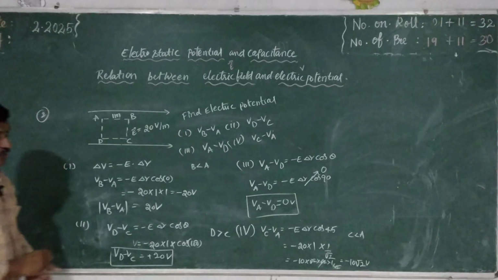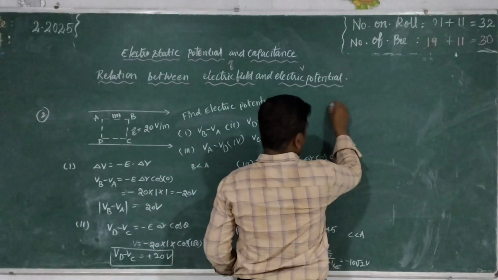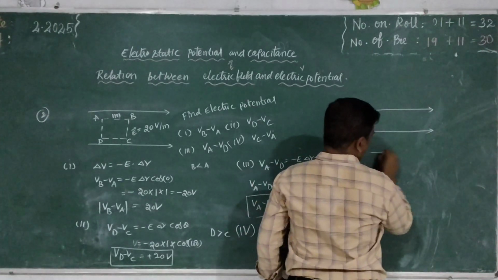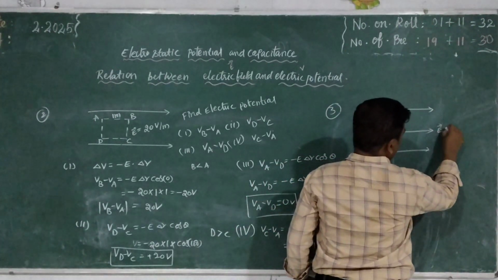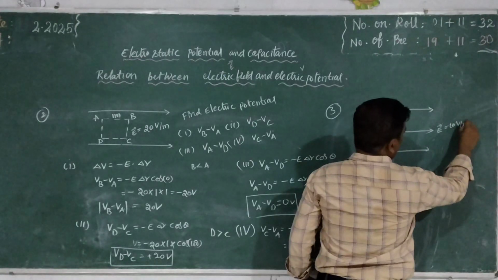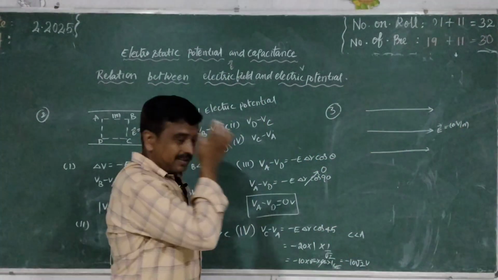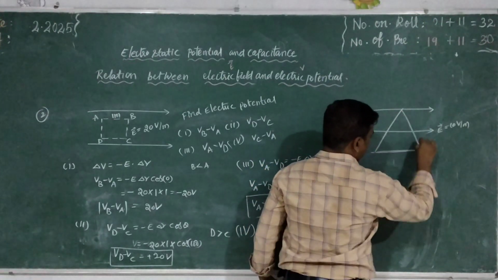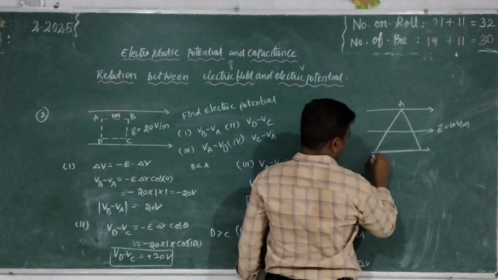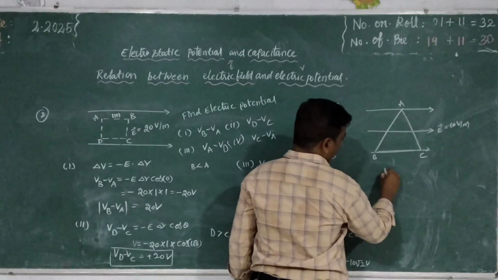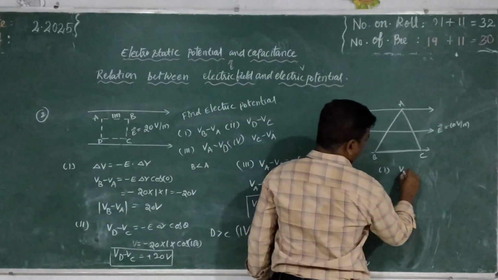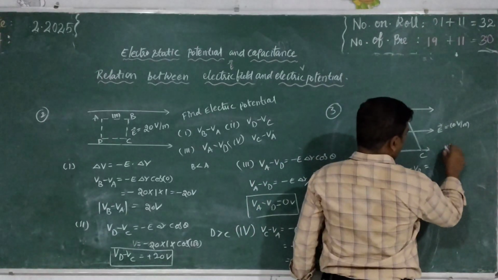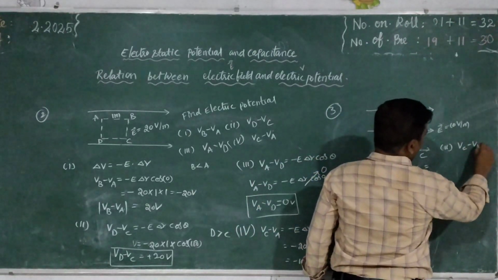Next, the third problem. Here the electric field is 10 volt per meter, and there is a triangular shape with points A, B and C. We want to find first VA minus VB, and second VC minus VB.